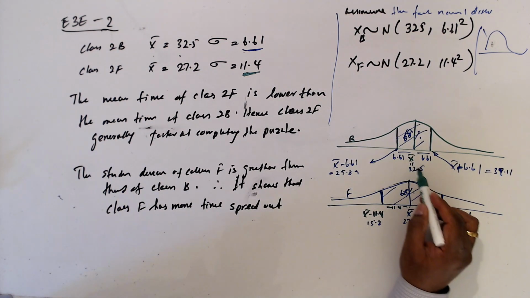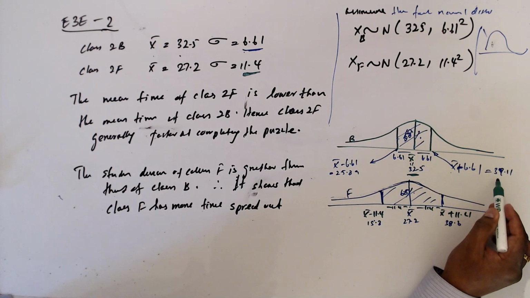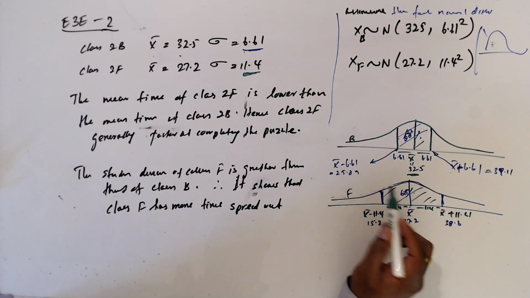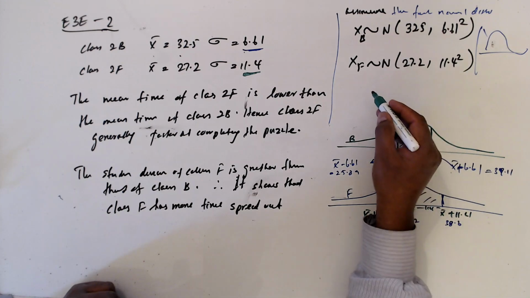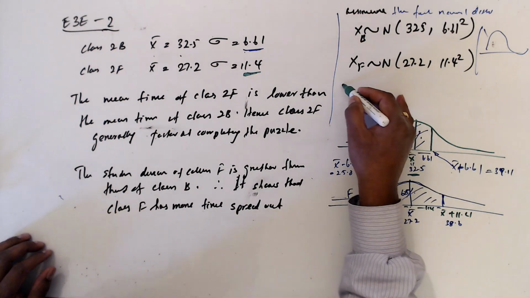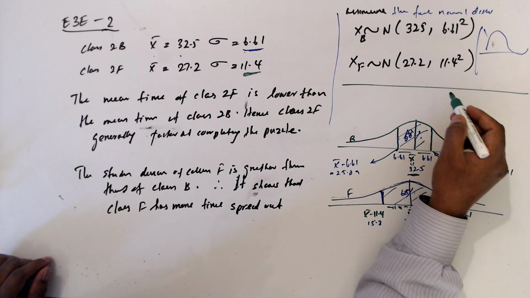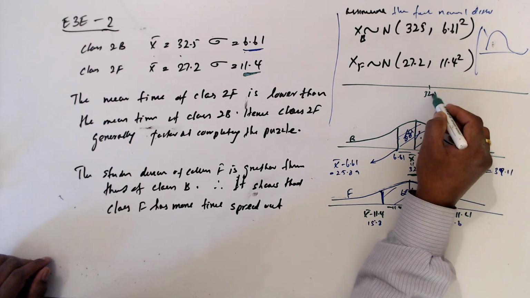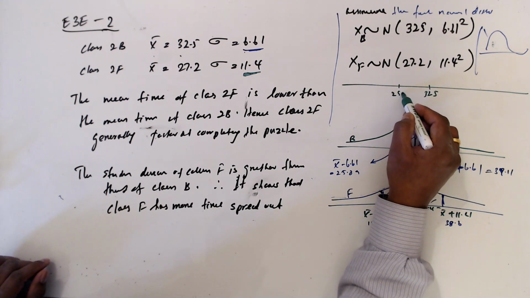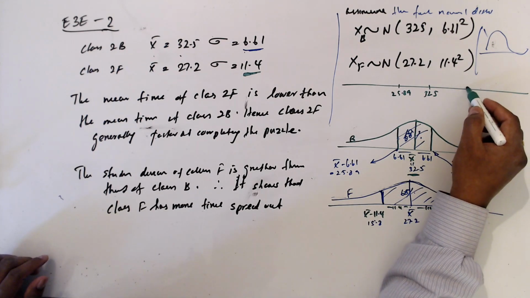So this is the idea. Further, I calculate this value. x bar is 32.5, and then x bar plus this one is 39.1, and x bar minus 6.61 is 25.9. So basically if we draw a number line here, x bar is 32.5, and this is 25.9, and this is 39.1.